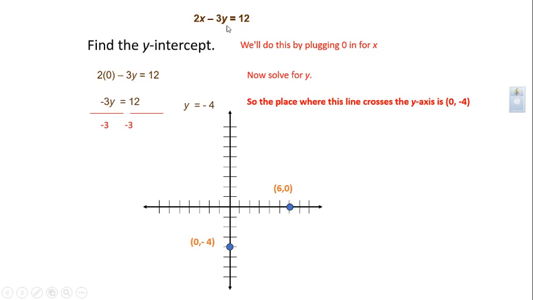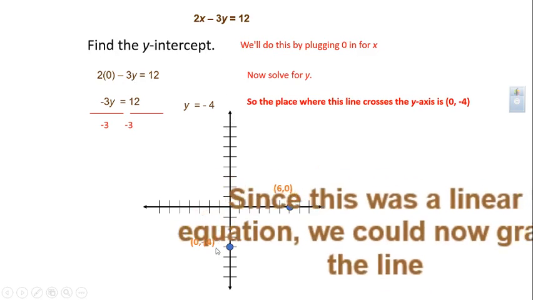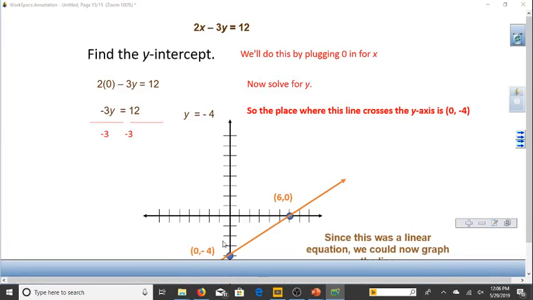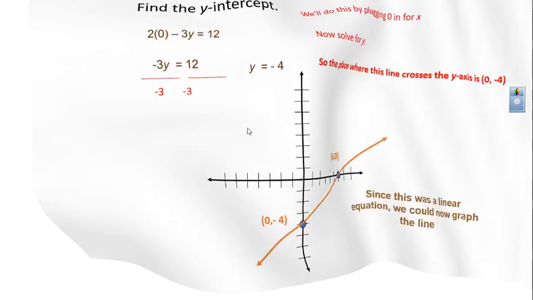Since this is a straight line, we can just draw a straight line through the 2 points. And that's the graph. It's relatively easy to draw the graph of a line. As we've seen in previous lessons, you just need 2 points to draw the graph of a line.